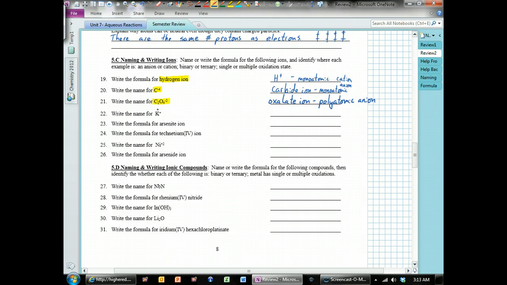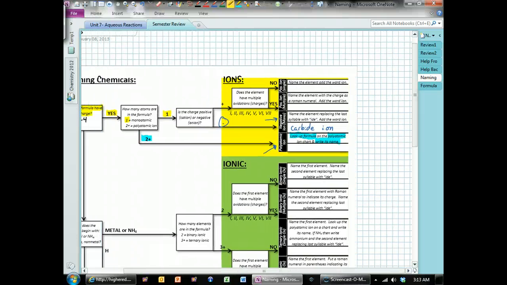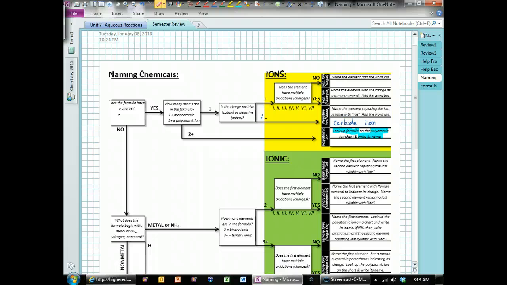The next one is K+. We go back to the naming. For naming K+, it's a positive charge and a single atom, so it's a positive ion with a single oxidation state.